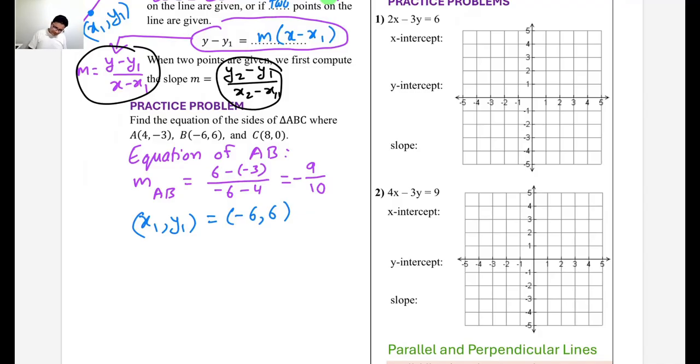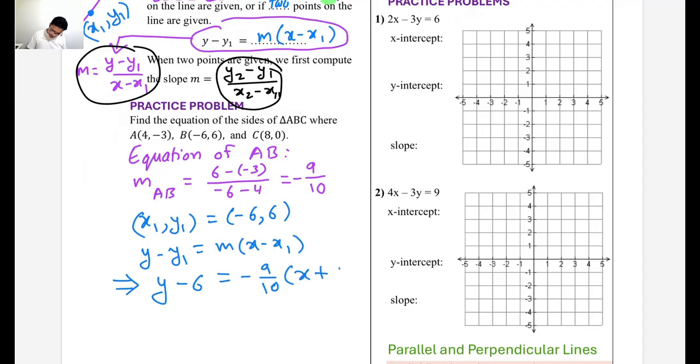Now that's your point. That is your slope. What is your equation? Y minus y1 equals m times x minus x1. And that is y minus 6 equals negative 9 over 10 times x plus 6.